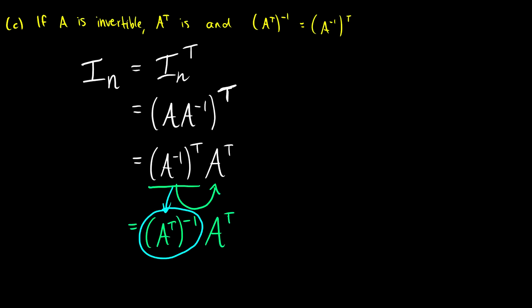So A inverse transpose is equal to A transpose inverse. Why? Because the inverse is always unique. And we've shown through these steps that if we start with the identity matrix and use inverses and then use our transpose laws, we end up with this A inverse transpose times A transpose, which is equal to the identity matrix. Therefore, A transpose inverse is equal to A inverse transpose.